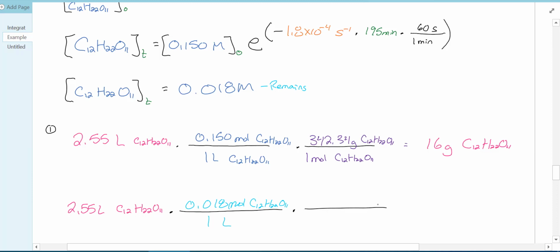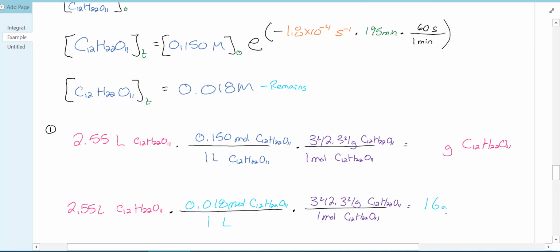And multiplying by the molar mass, same molar mass, of course, 342.34 grams, I end up with, I did this backwards.